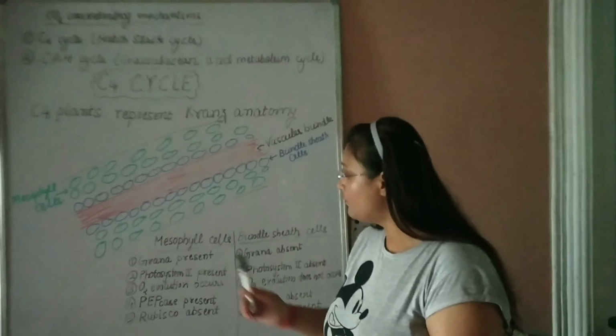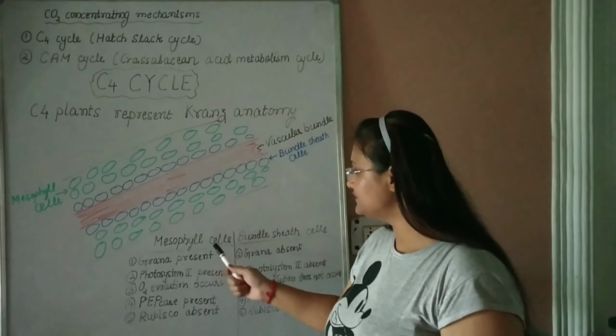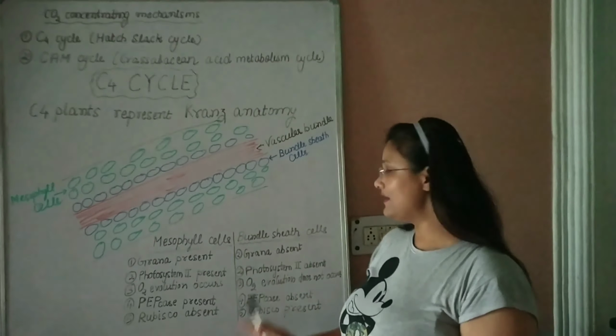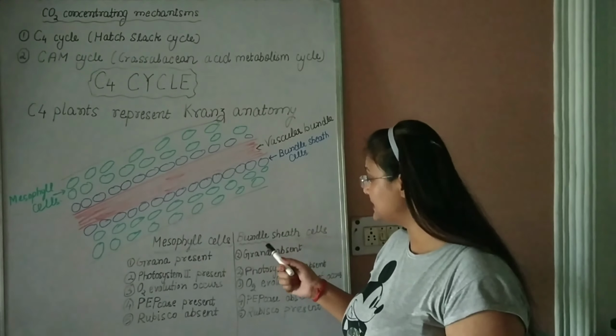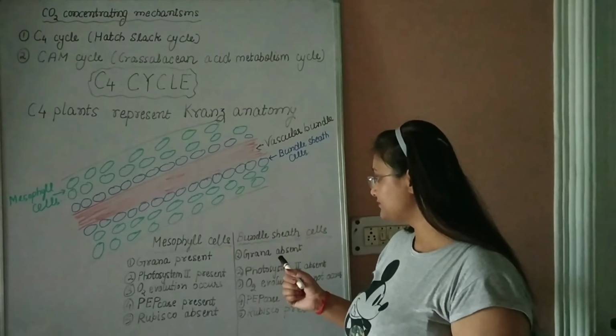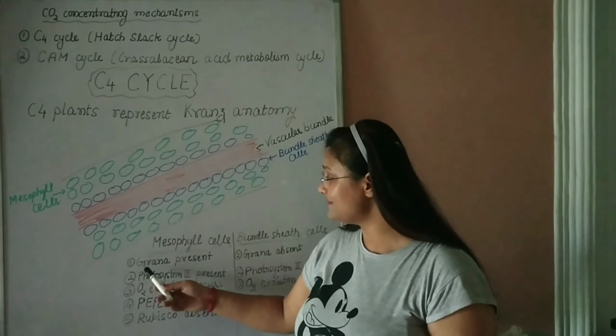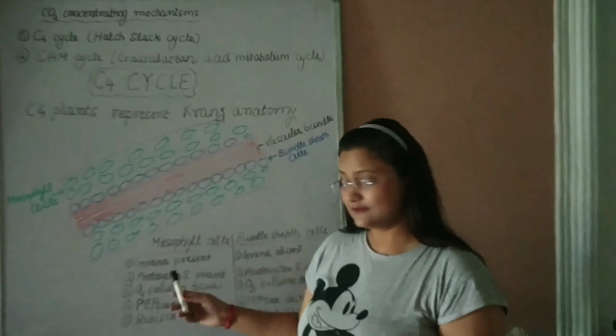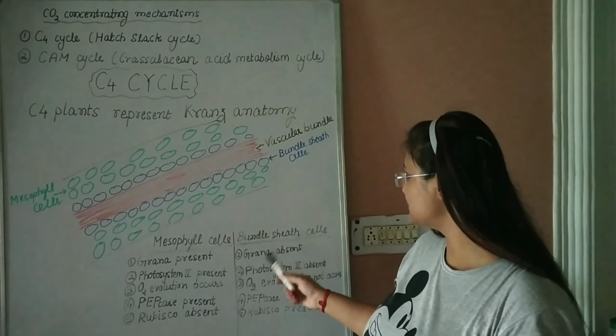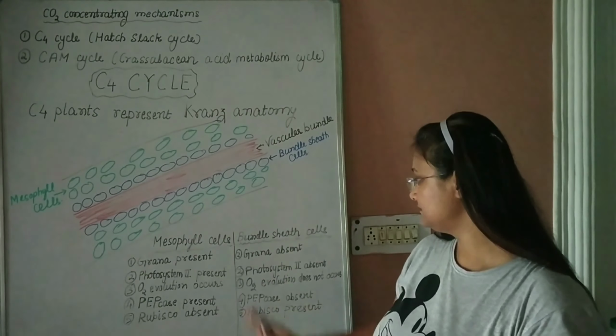Now let us see what are the components which are present in mesophyll cells but absent in bundle sheath cells, and what are the components which are present in bundle sheath cells but absent in mesophyll cells. So mesophyll cells have grana, right? But bundle sheath cells do not have grana. It is absent.